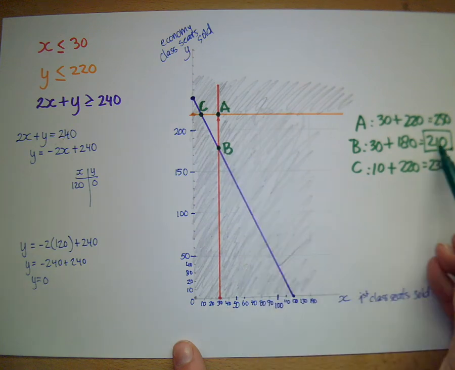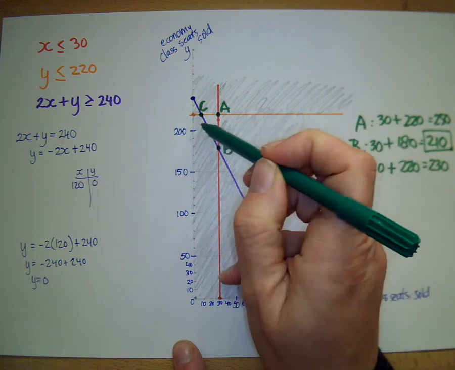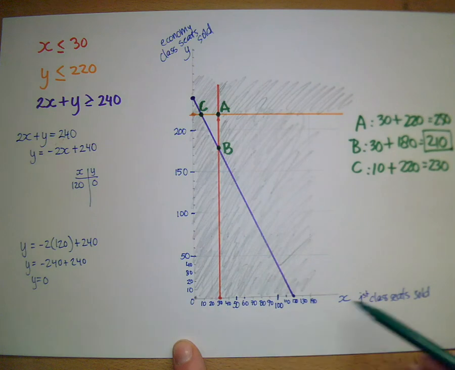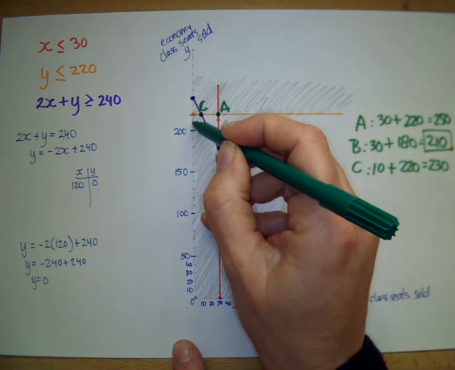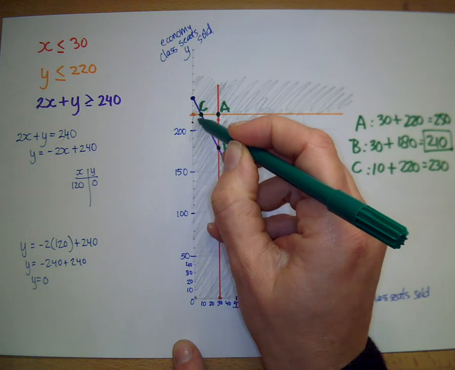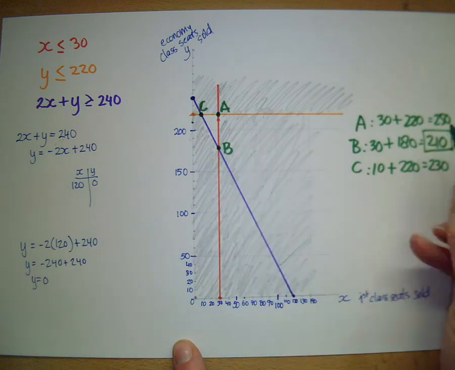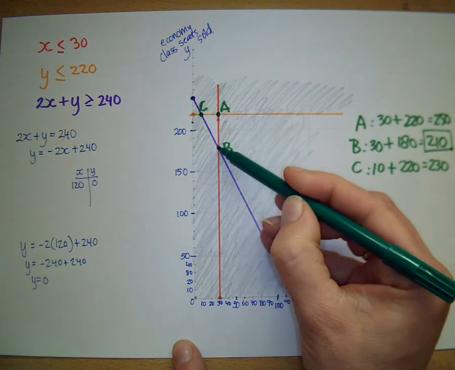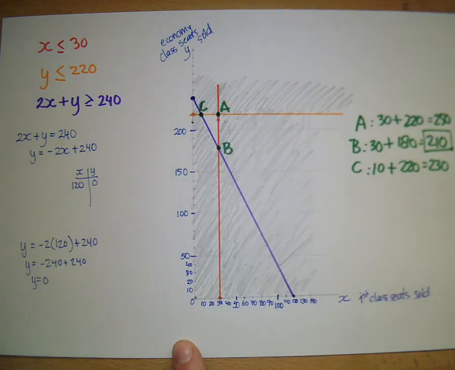If we sell 210 economy class seats and no first class seats, that would be this point. This is not included. It wouldn't bring in enough money. This option, 210 seats sold, that's the fewest seats sold possible, but 30 of those have to be first class seats.